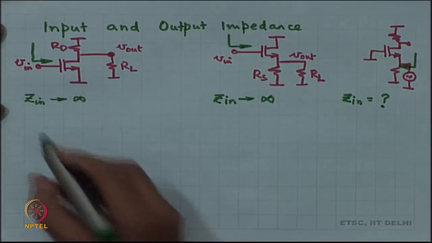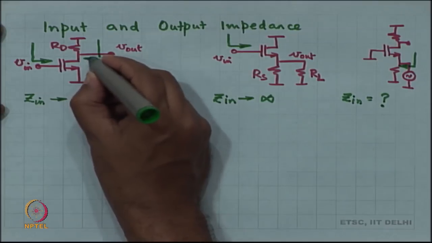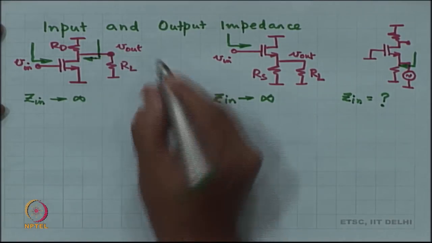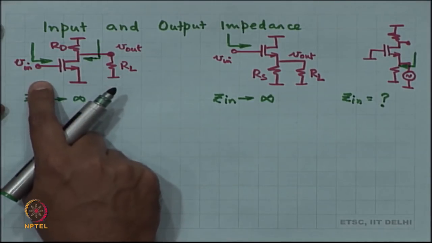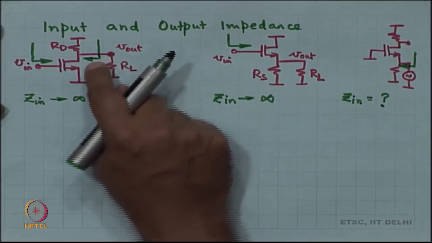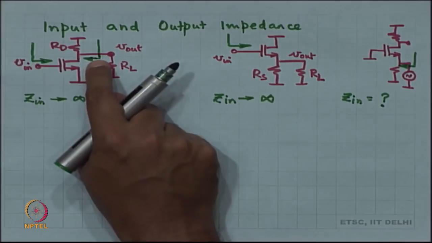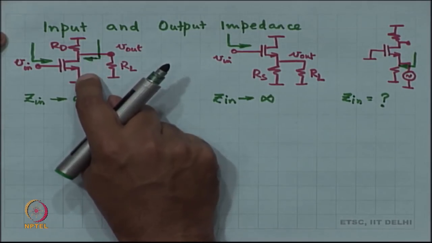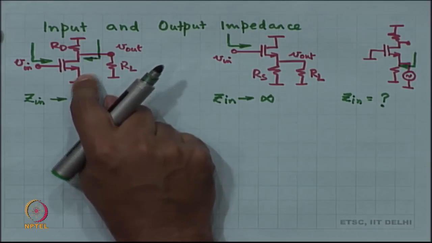Then the output impedance, looking at the common source amplifier, for the output impedance calculation you are going to null the input, right, look in from the output. So, when I look in from the output, what do I see? I see RD on top, and looking into the drain of the MOSFET I see just RDS, right.